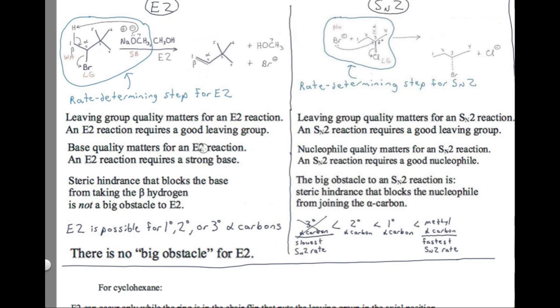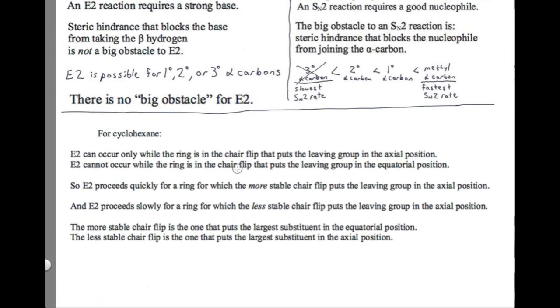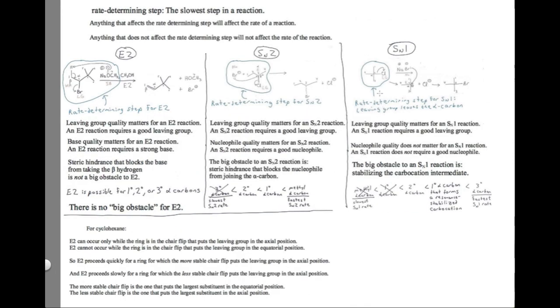But also, if the problem is asking whether an E2 reaction will occur more or less quickly on two different cyclohexane rings, then the problem might be testing these ideas. In the next video in this series, we will look at example problems that illustrate how these ideas might be tested on exams.